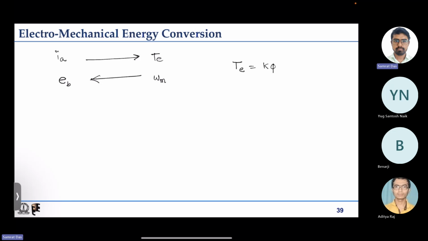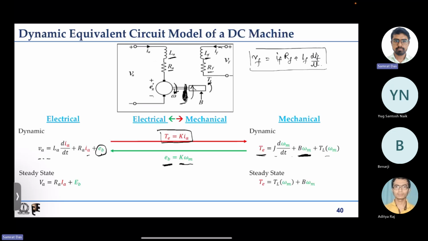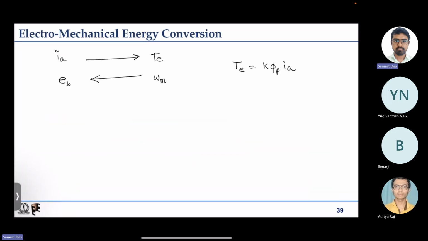the torque is basically some constant into flux per pole into armature current, and again back EMF is some constant into flux per pole into the speed. And what is this flux per pole? We will discuss it in some time, but flux per pole basically depends on the field winding current.